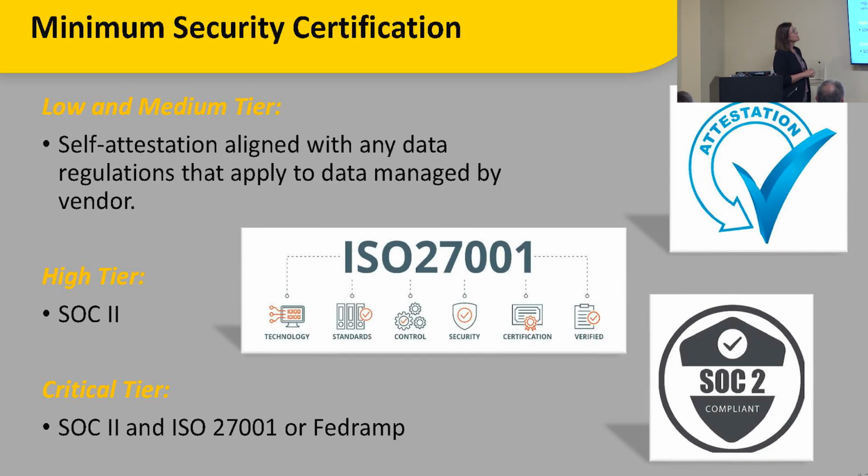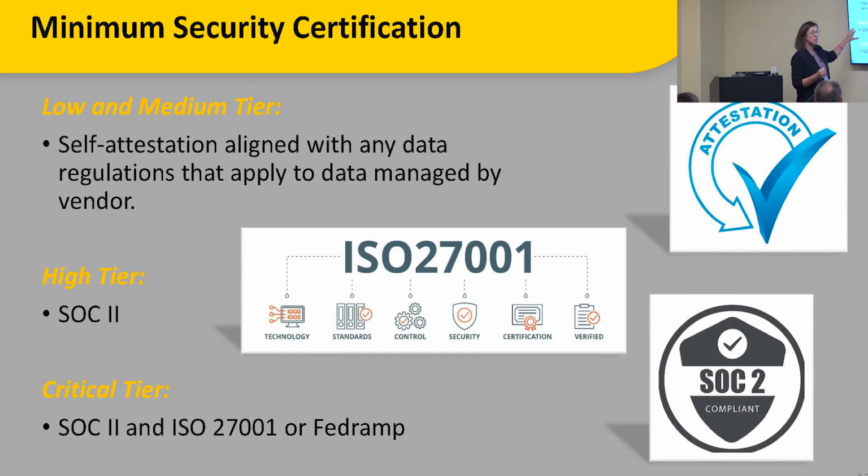So another piece that we look at, like Chris said, is the minimum security certification that they have to have. For our low and medium tiers, we're really okay if they self-attest on our external survey that they are compliant with the certain data type. So if we're handing over FERPA data, if they self-attest that they are compliant with FERPA laws and regulations, we generally accept that.